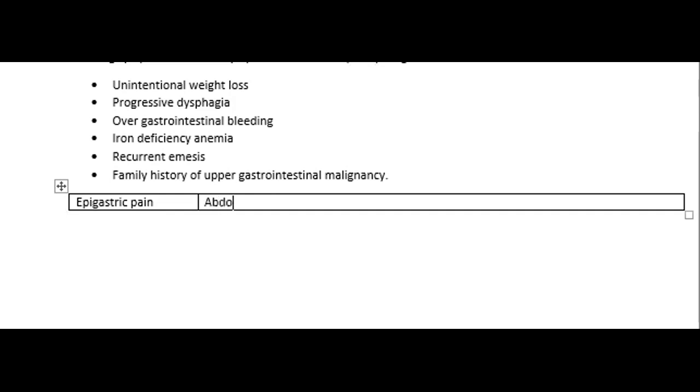Let me write it. Abdominal pain can be induced by stimulation of visceral nociceptors.